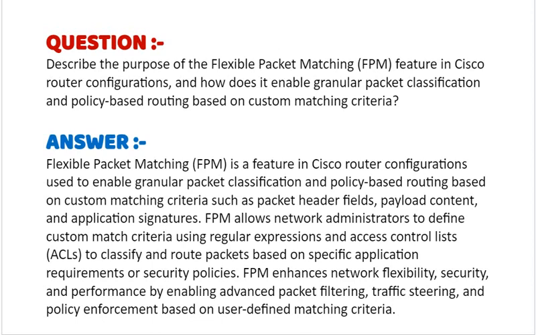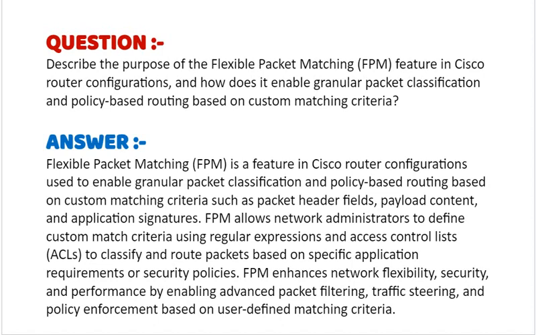Our next interview question is: describe the purpose of the flexible packet matching (FPM) feature in Cisco router configurations, and how does it enable granular packet classification and policy-based routing based on custom matching criteria?